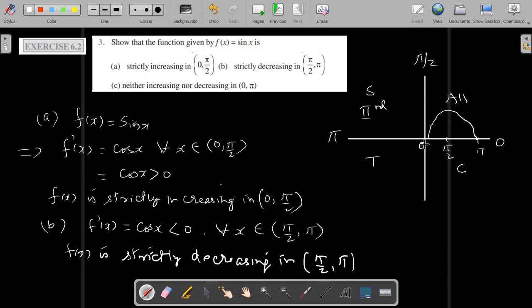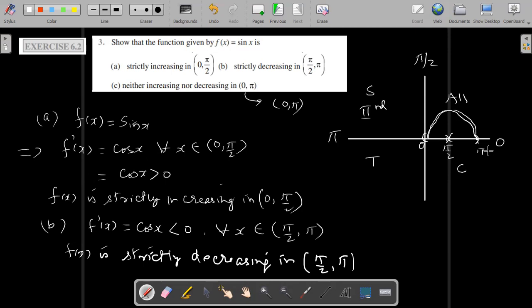In this whole interval, try to understand: in half the interval it is totally increasing, and in the other half it is totally decreasing. If we see from 0 to pi, it is increasing from 0 to pi by 2 and decreasing from pi by 2 to pi.